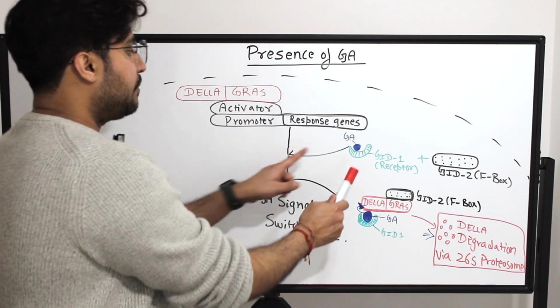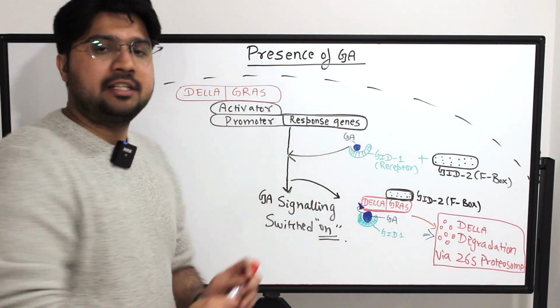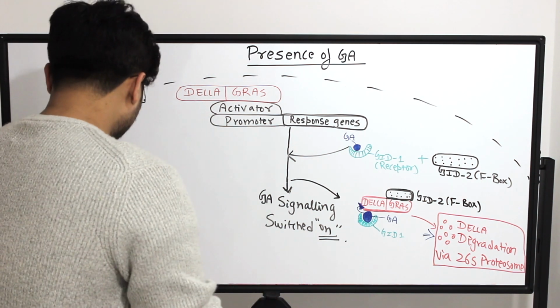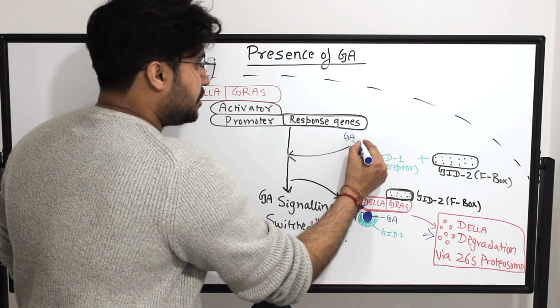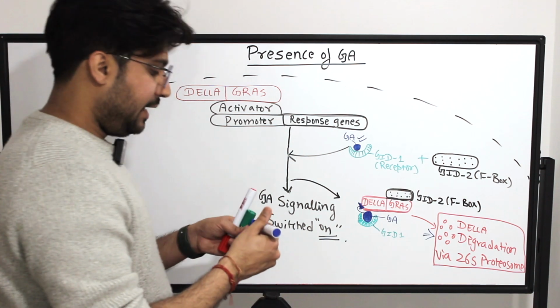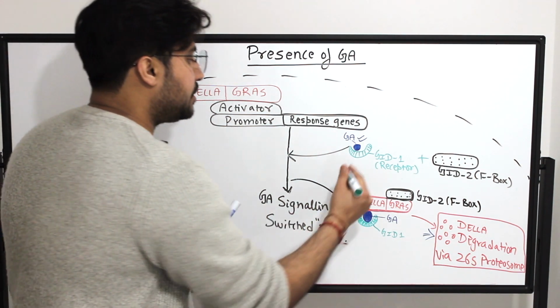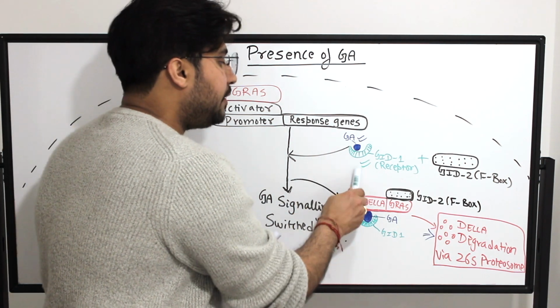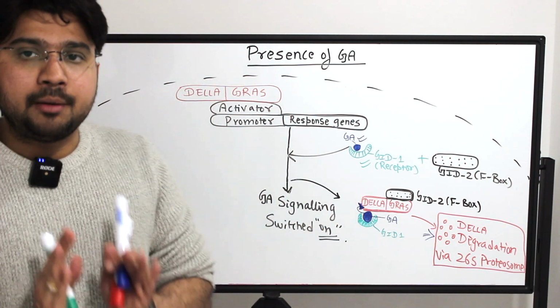So Gibberellin comes along with its receptor called the GID1 receptor, shown in green. In blue color we have shown this Gibberellin. This is GA, and GA is always bound to its receptor, shown in green, called the GID1 receptor. But always remember that these two never come alone.